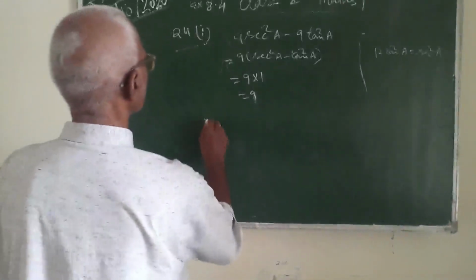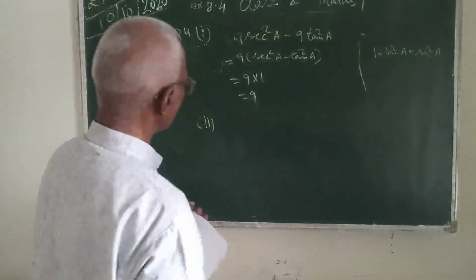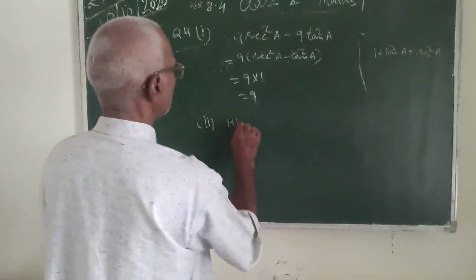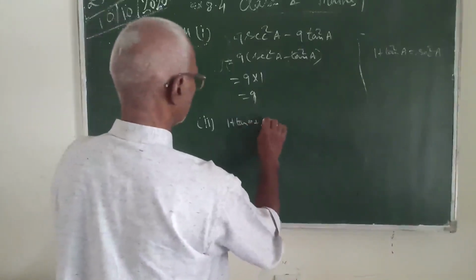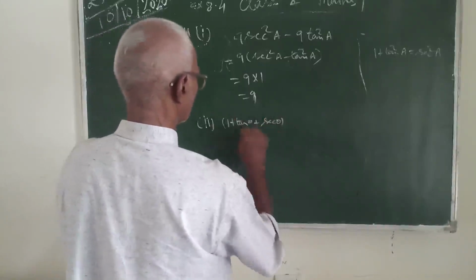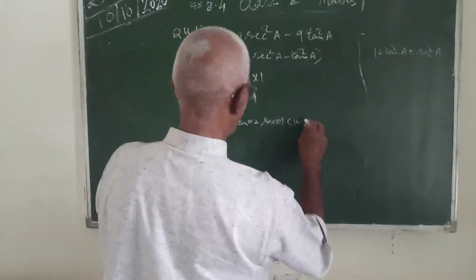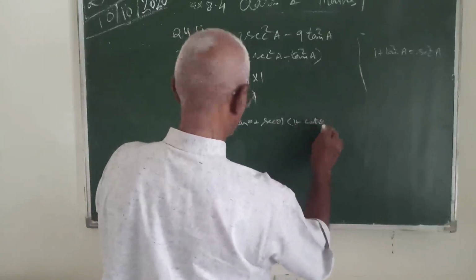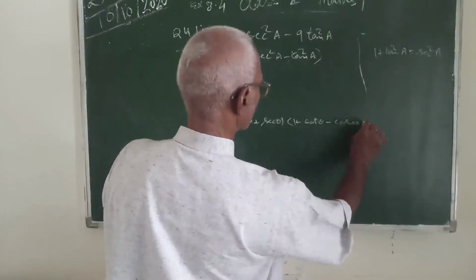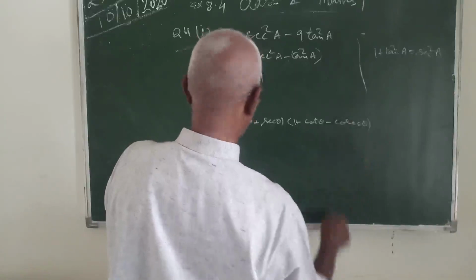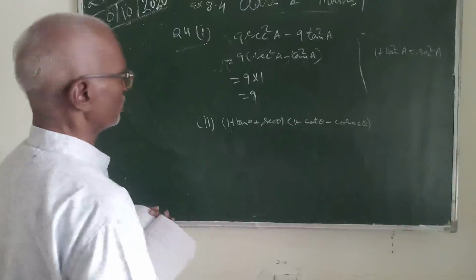Okay. Similarly, the second part of question four. The first part is this. The second part of this sum is: 1 plus tan theta plus sec theta, into 1 plus cot theta minus cosec theta, will be equal to how much? 4 options are given here also.